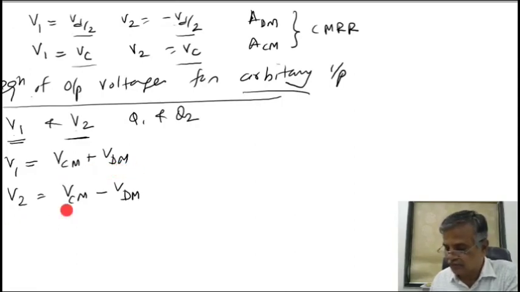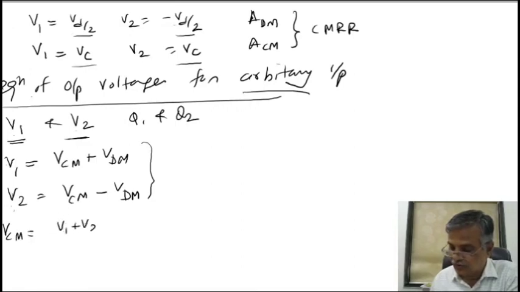V2 can be represented by the difference of the common mode and differential component. So from these two equations, if you do the addition, you will get the common mode signal. If you do V1 minus V2, you will get the differential component.